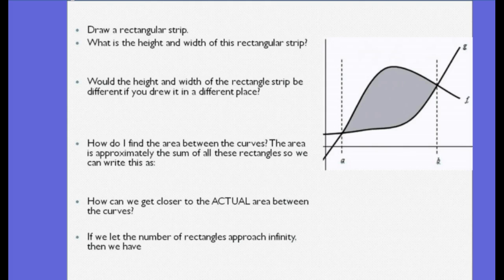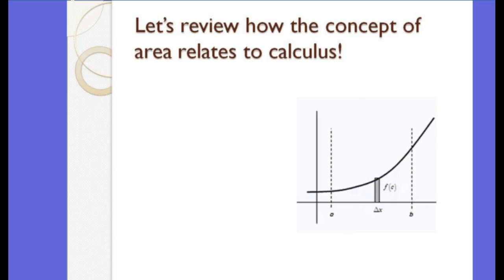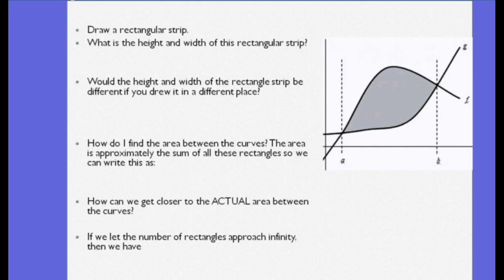You can draw it anywhere you want. Instead of having the rectangle between the curve and the x-axis, draw it between these two curves, like an L sum or R sum.